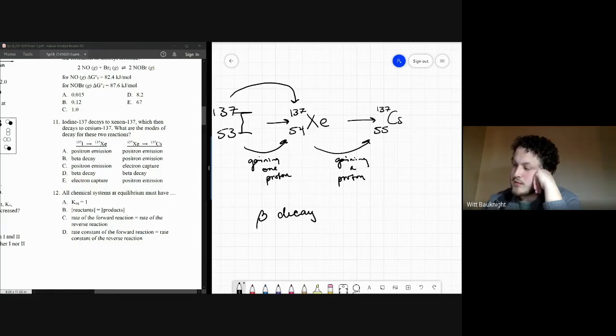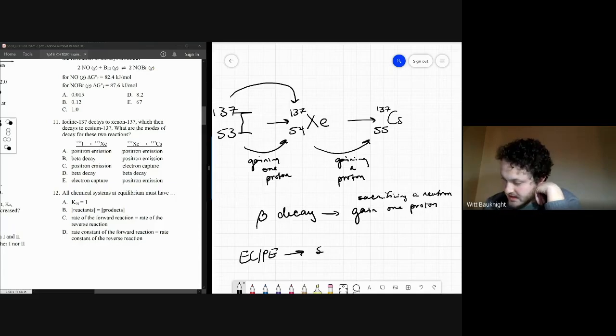And it's good to know for beta decay, we're gaining one proton by sacrificing a neutron. And electron capture or positron emission, we are sacrificing a proton in order to gain a neutron.